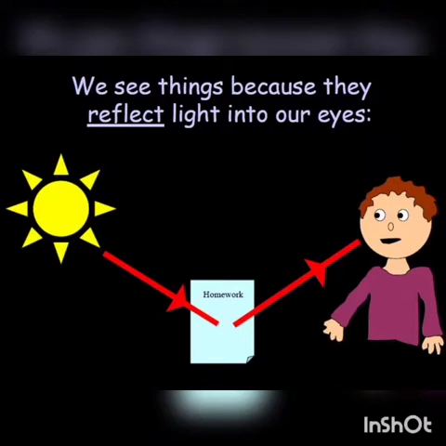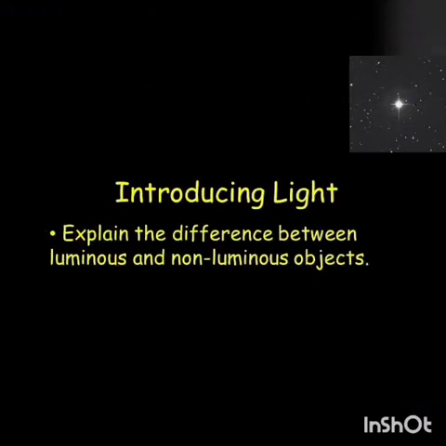We see things because they reflect light into our eyes. All the objects around us which we are able to see, this phenomenon is applicable to all, that we are able to see them because they reflect the light into our eyes.